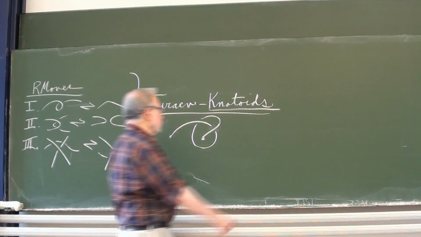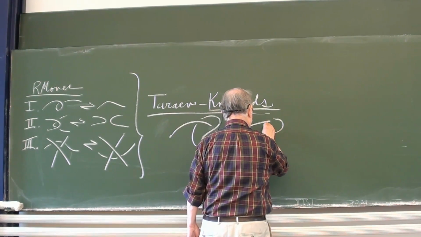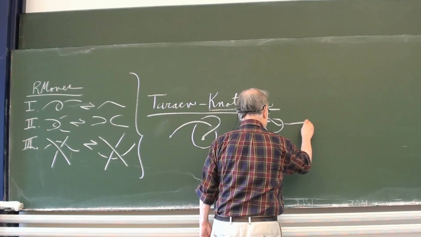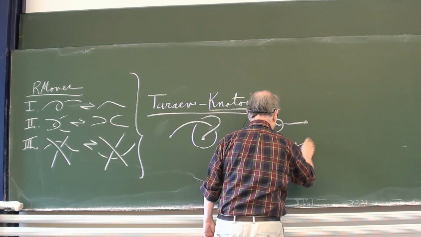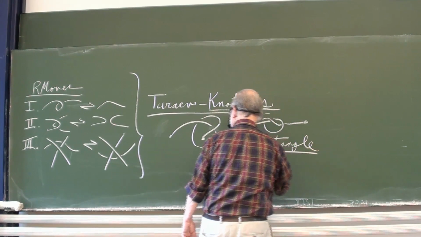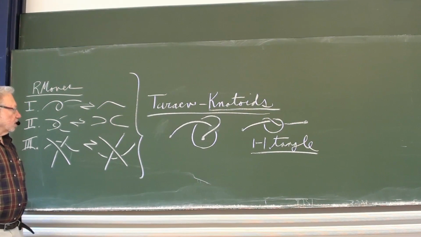Now you're used to drawing a certain kind of knotoid, which is usually called by some other name, like this. This is called a 1-1 tangle. But this one over here is different and available to you once you have the idea.